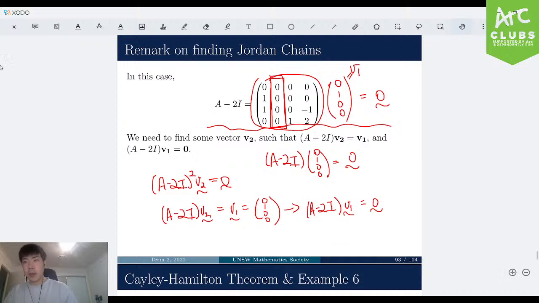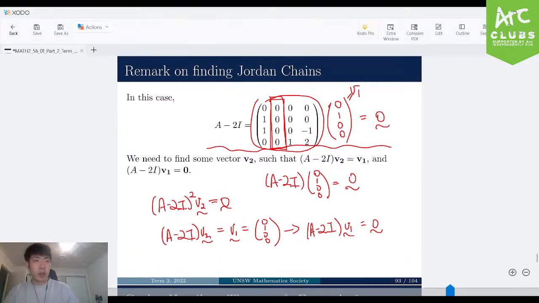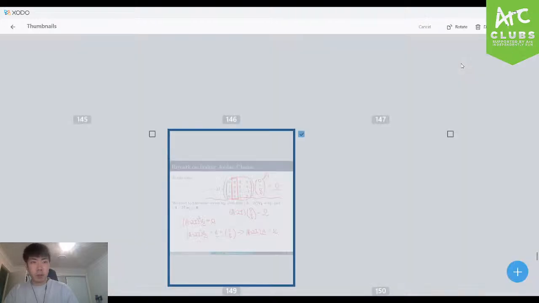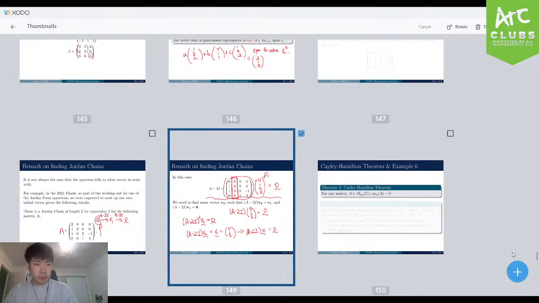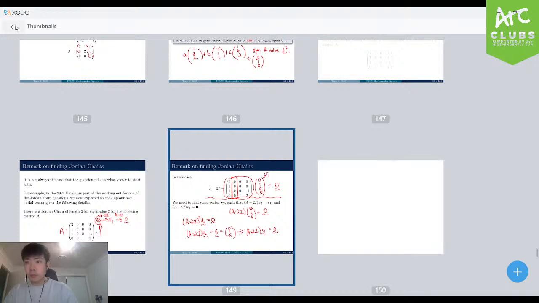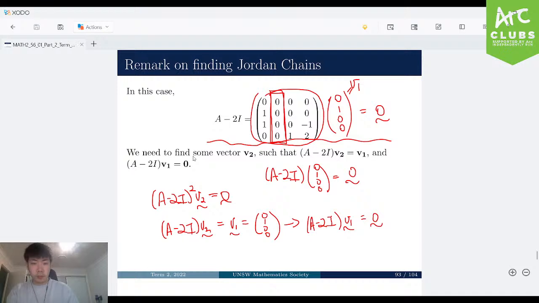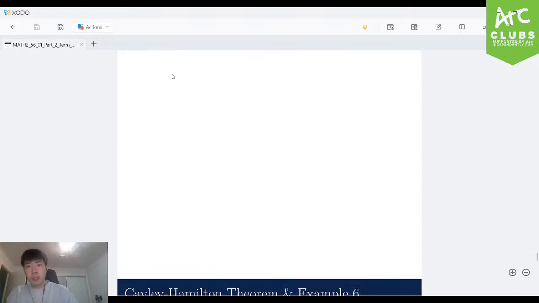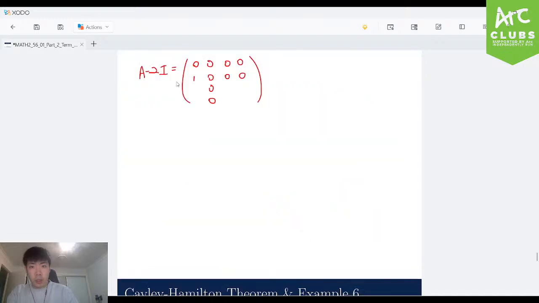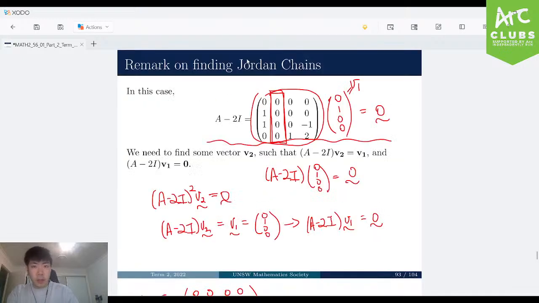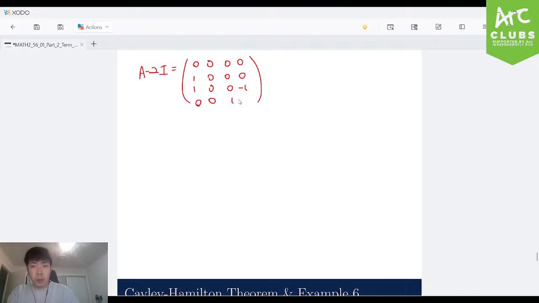Okay, so let me open up a new page here and try to figure out what this v2 is. Okay, so recall our matrix A minus 2I looks like 0, 0, 0, 0 here, 0, 0, 0 here, and then 1, 0, 0, and then 1, negative 1 here, and finally 0, 1, 2.